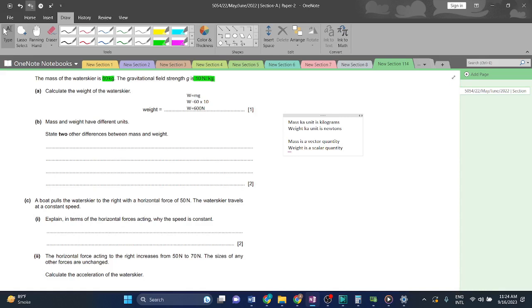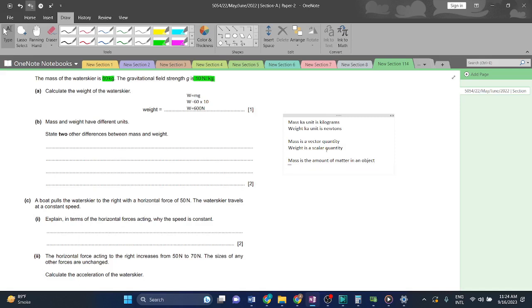Mass is the amount of matter in an object, and it is measured in kilograms. You can write that.